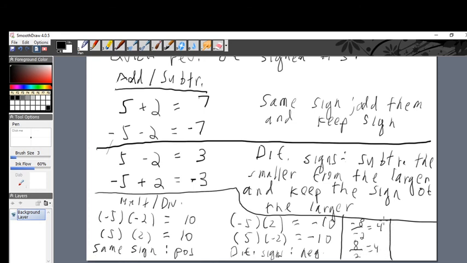Same sign, the answer is positive. What if the top one is negative and the bottom is positive, or the top one is positive and the bottom is negative? Then your answer is going to be negative. 8 divided by 2 is 4, but the answer is negative. If they are different signs, the answer is negative.